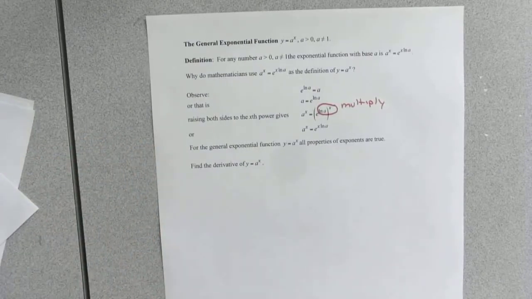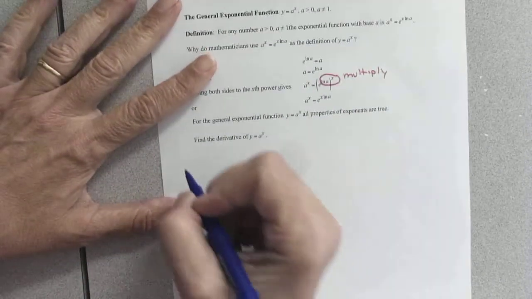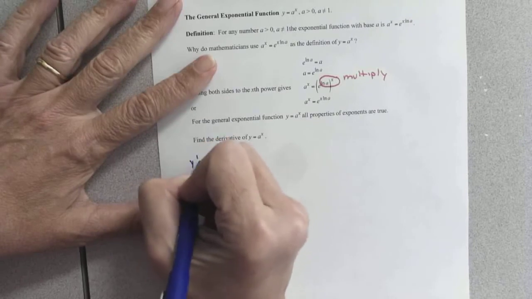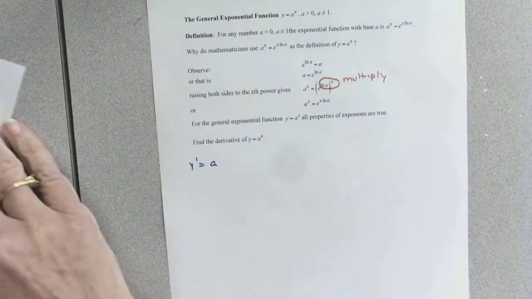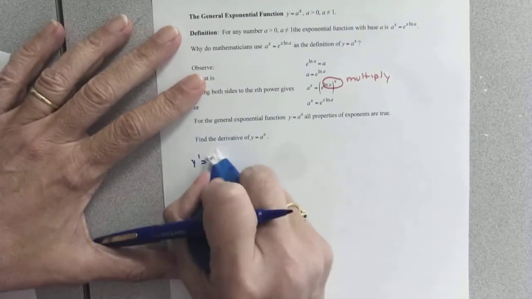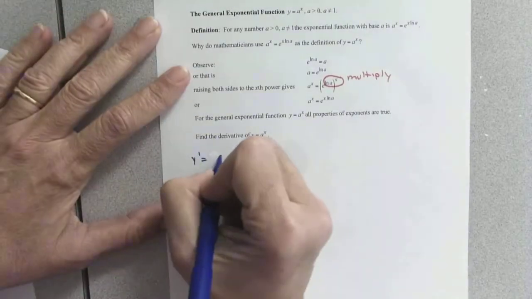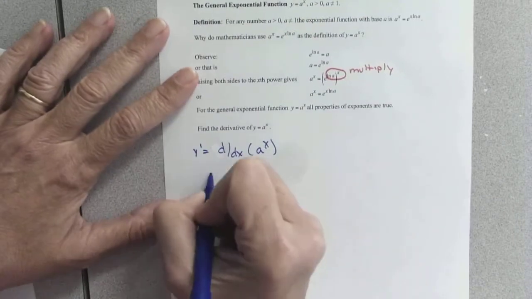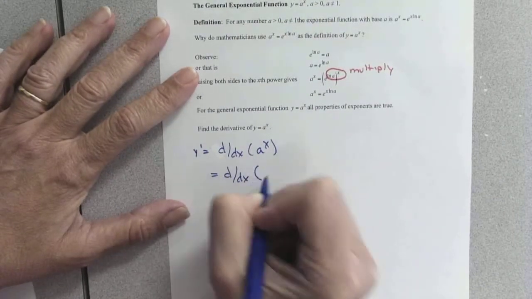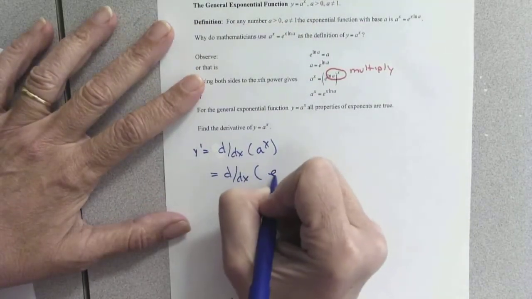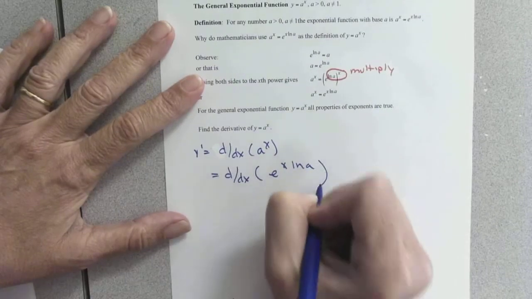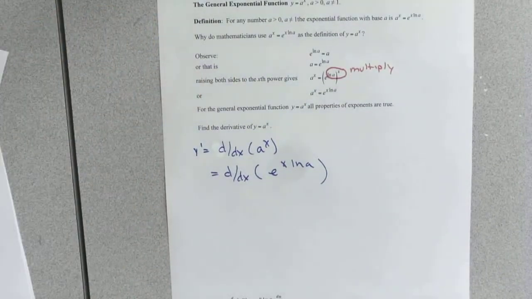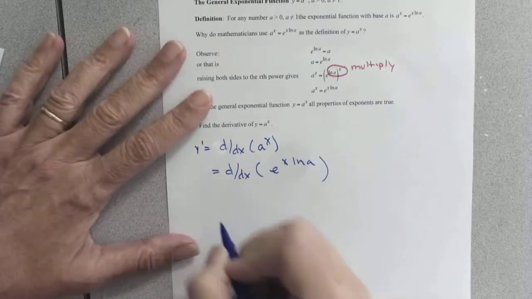So find the derivative of a to the x. So y prime, I'm going to mix notations here. So y prime will be the derivative of a to the x, which will be then what the mathematicians gave us, that a to the x was e to the x natural log of a. We go with that because I know the rules for that.